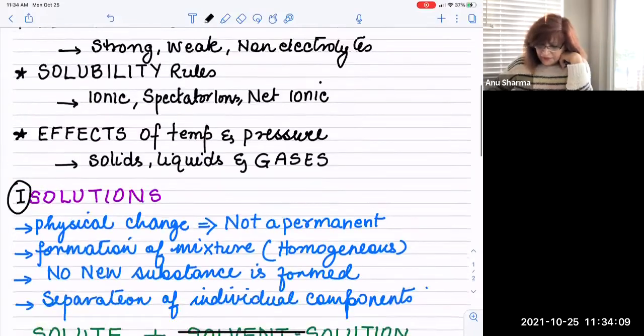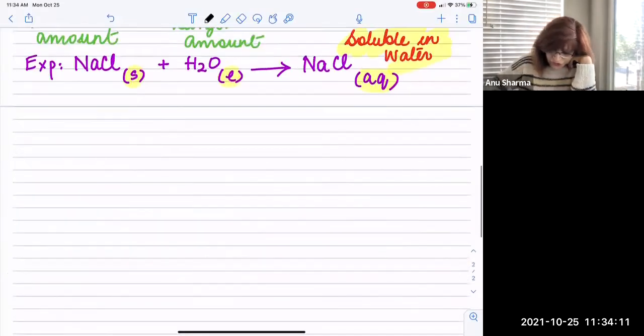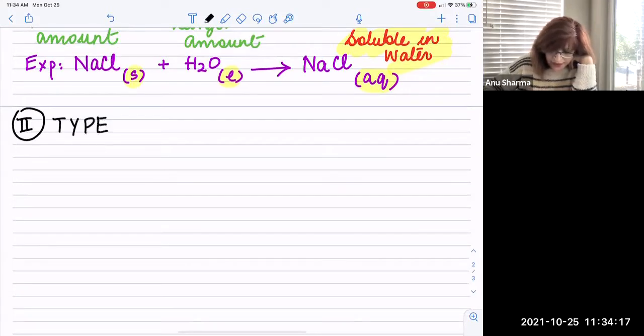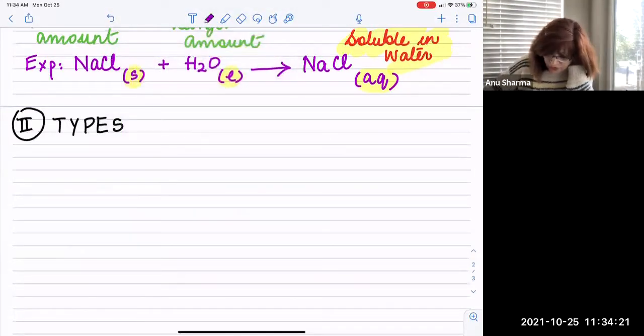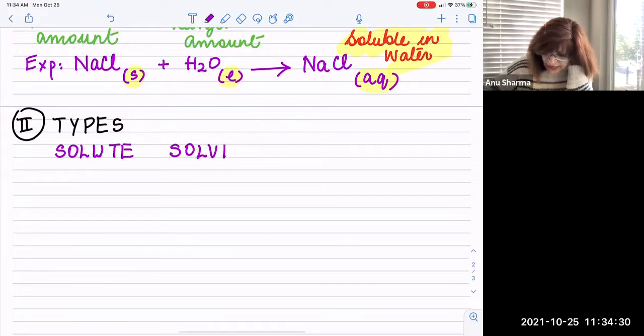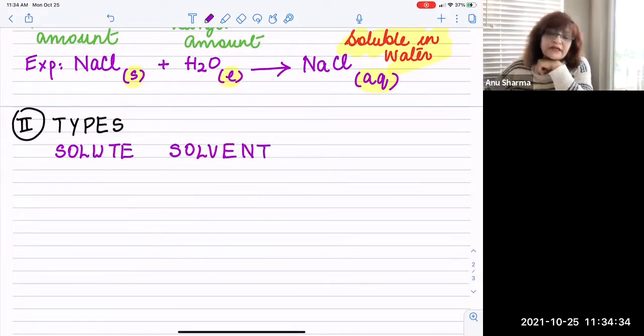Next we are going to look at types of solutions. Let's put solute here, and solvent here. Generally we look at sodium chloride or sugar, things that dissolve in water.